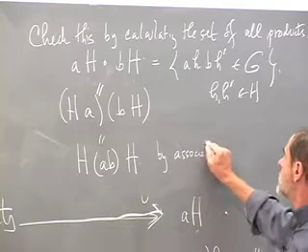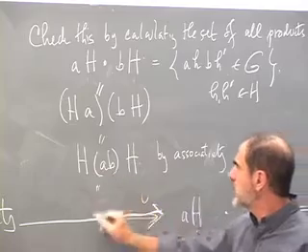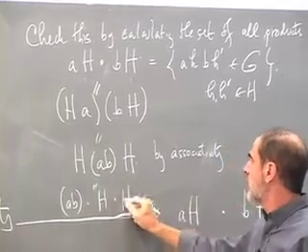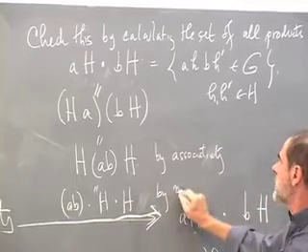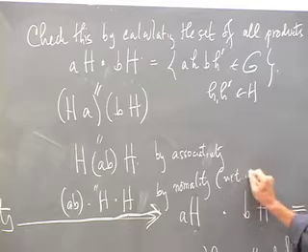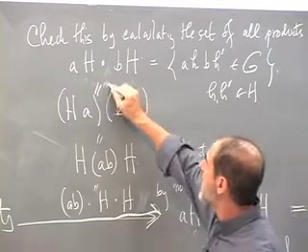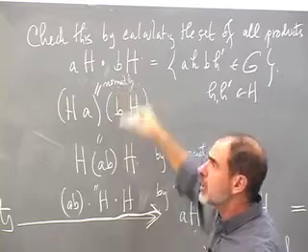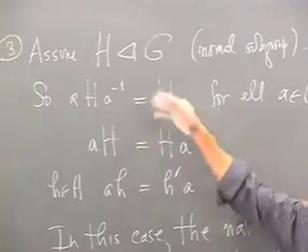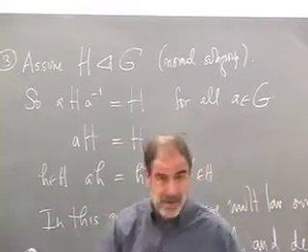And now I use the normality of H once again to rewrite this as AB times H by normality. Now this time with respect to the element AB, not with respect to the element A. This is by normality. Because for any element A in G, this is the case. We didn't just assume it for the unique element A. To be a normal subgroup, it has to be for any element.